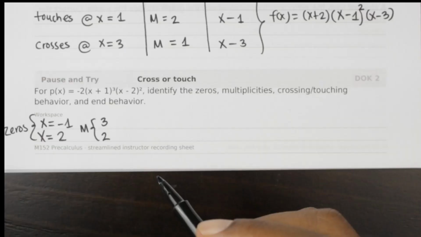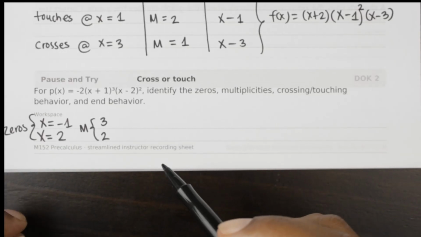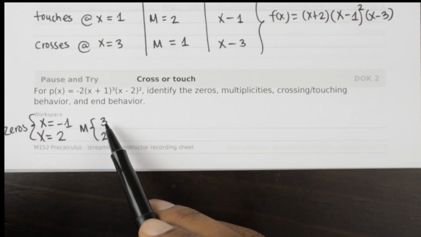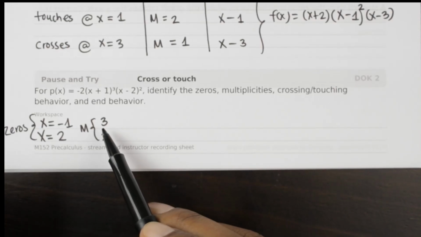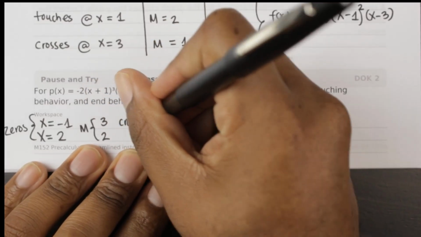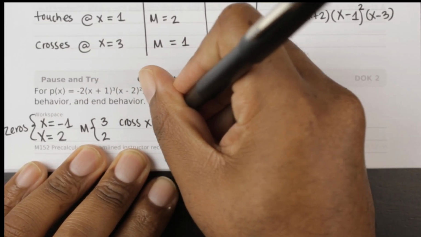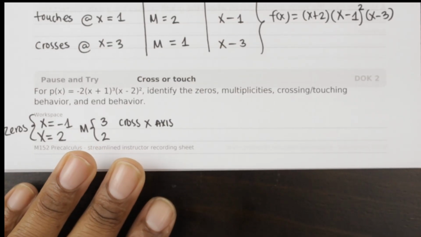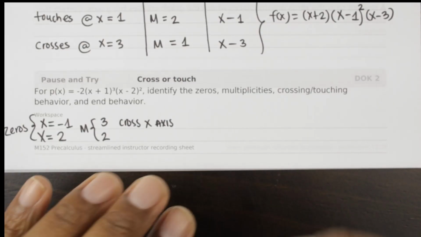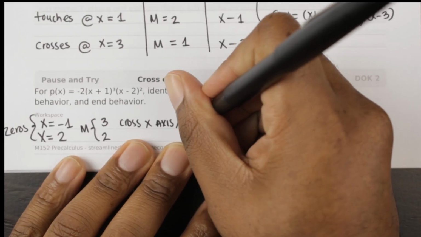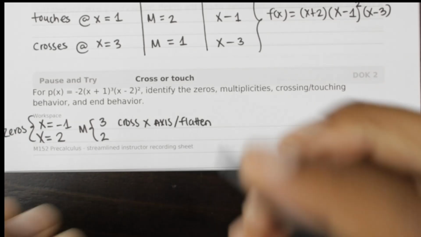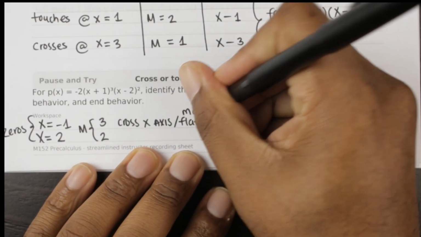So at x is equal to -1, the multiplicity is 3. And so that is odd. So the graph is going to cross the x-axis. Since the multiplicity is greater than 1, the graph is going to flatten. Or I should say may flatten, we don't know.